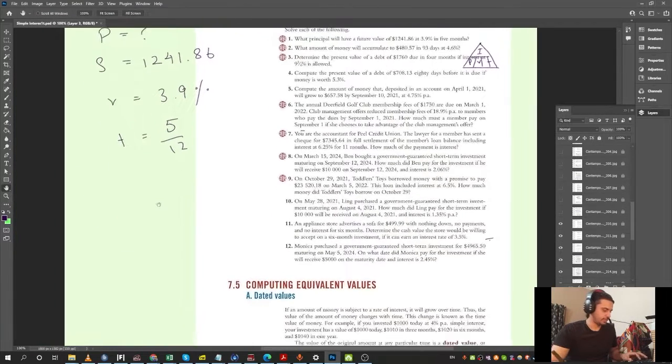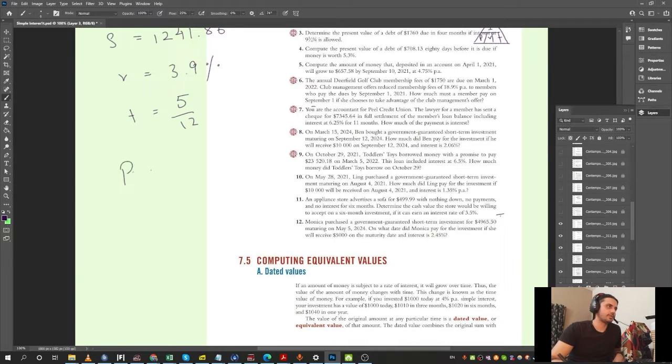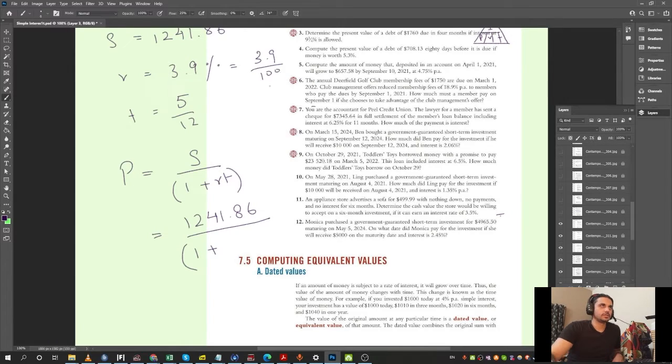And so all we have to do is plug it into our present value or principal formula, so P equals, what is our formula? S divided by 1 plus RT. What is the value of our S? Well, it's 1241.86, 1241.86, divided by 1 plus, so 3.9% would become 3.9 divided by 100, right?